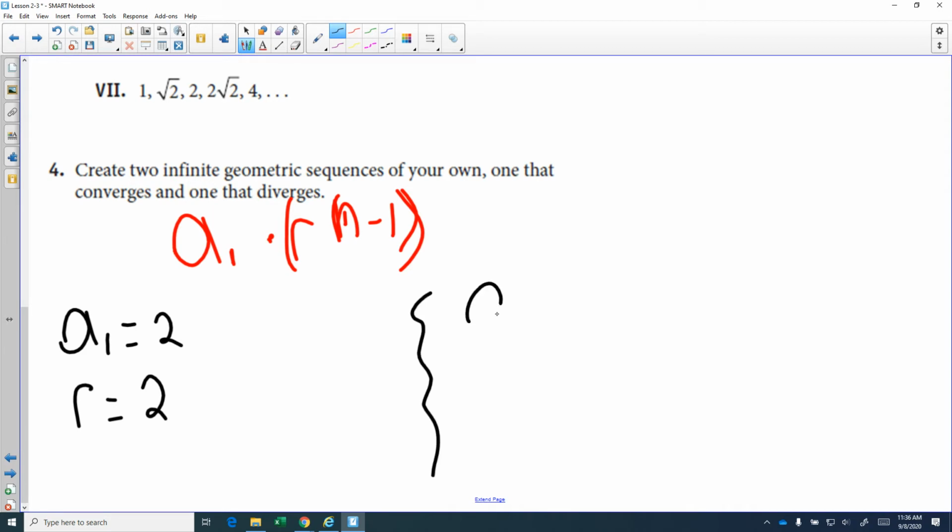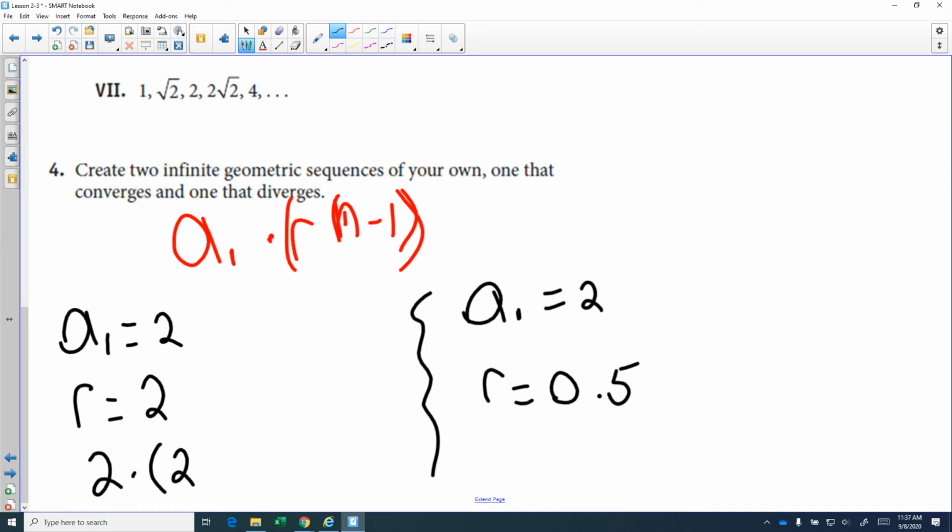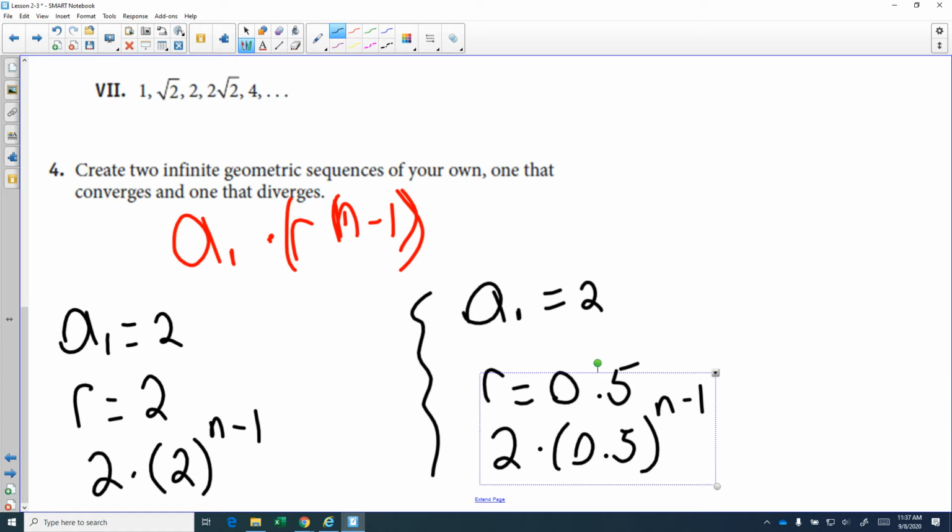Versus if I had an A of 1 of 2 and then a ratio of 0.5, we note that that technically should decay. I should be getting lower and lower and lower, right? So if I were to actually write these equations out, this would be 2 times 2 to the n minus 1. And this one would be 2 times 0.5 to the n minus 1.